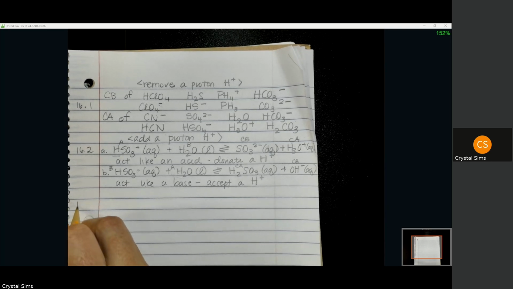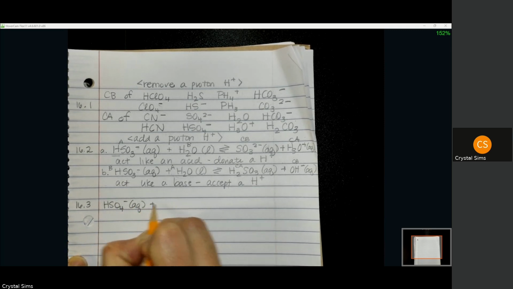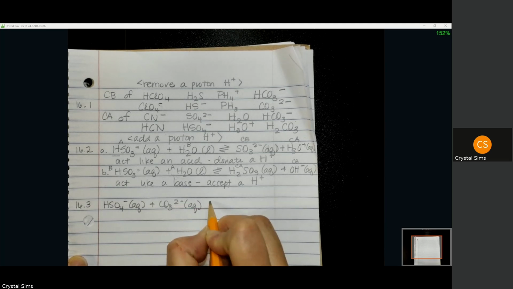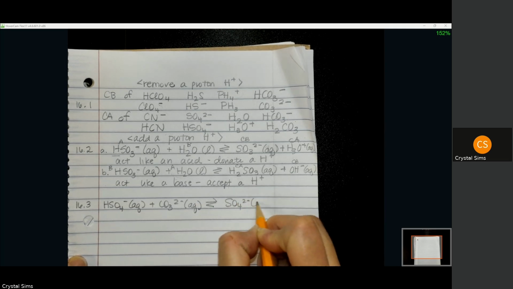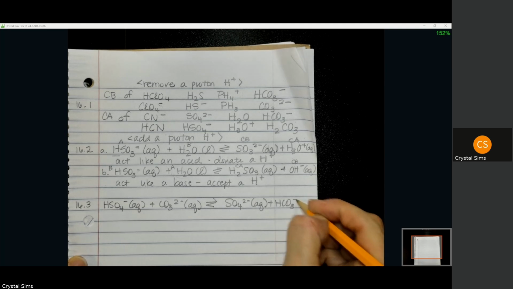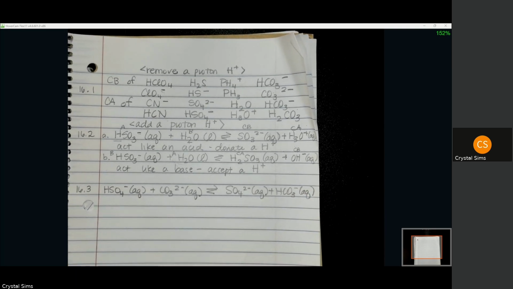So we're given this equation. And they want to know, where is the equilibrium? Does it lie to the left or does it lie to the right?